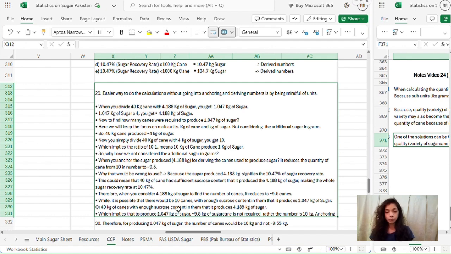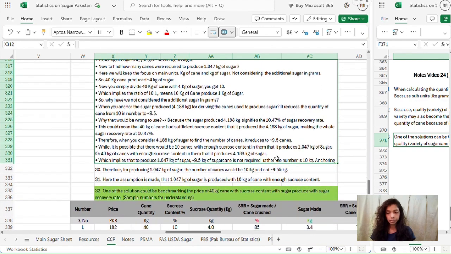While it is possible that there would be 10 canes with enough sucrose content in them that it produces 1.047 kg of sugar, or 40 kg of canes with enough sucrose content that it produces 4.188 kg of sugar. So it is now being explained in numbers that the 10 sticks of canes that have sufficient sucrose content are producing not only 1 kg of sugar but an additional 47 grams.